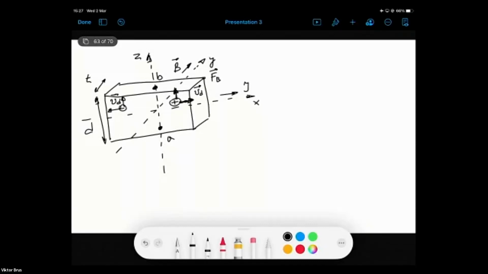And in order to explain the origin of this potential difference between points A and B, between the upper and lower edges of the conductor, first of all, let us consider the case with so-called unipolar conductivity, meaning that we have only one mobile charge carrier, not both.